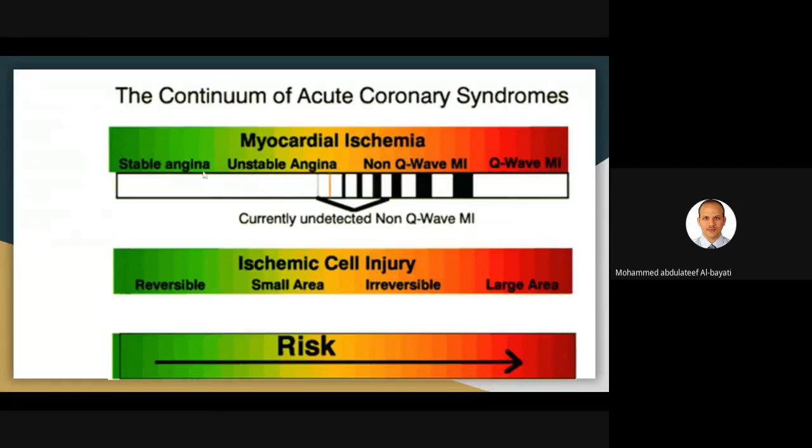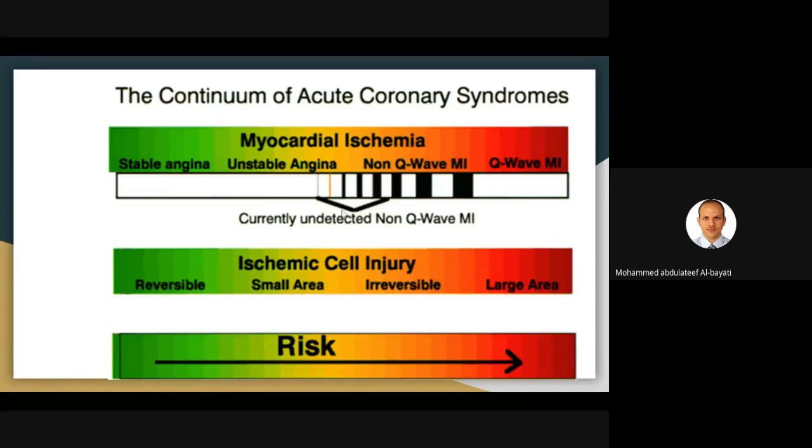So this line goes from little or low risk to high risk of damage to the heart muscle. Stable angina is considered reversible, while if we continue rising the risk, we will see irreversible damage to the cardiac tissue. From left to right, there is increasing risk.